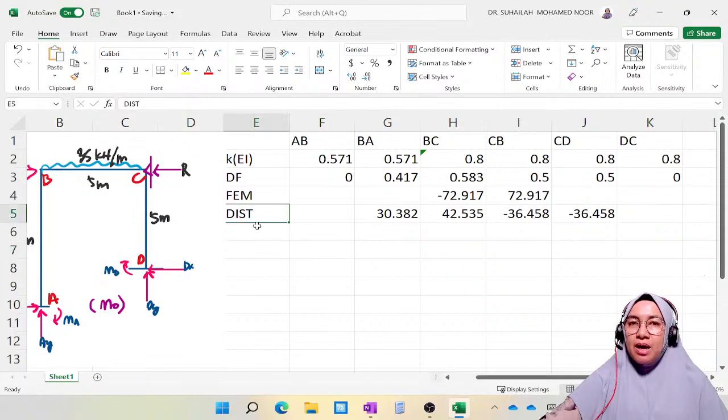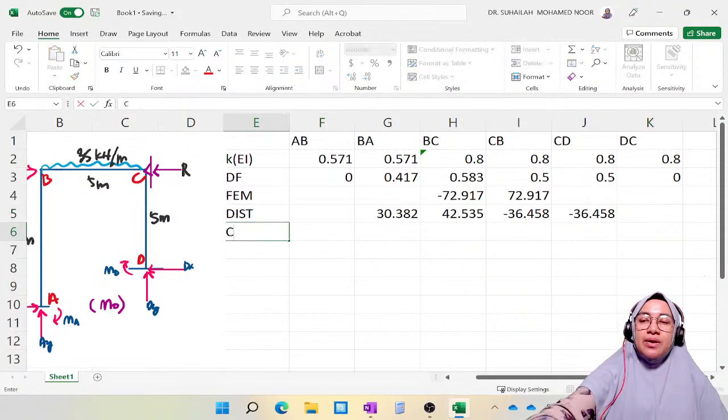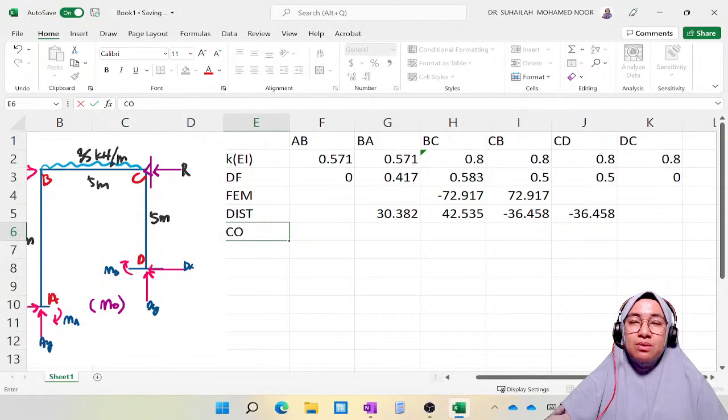So the next step after distribution is called carryover. We need to carry over the moment using the carryover factor. There are two carryover factors. One is 0.5 for far end fixed and internal support, or internal rigid joint like this.